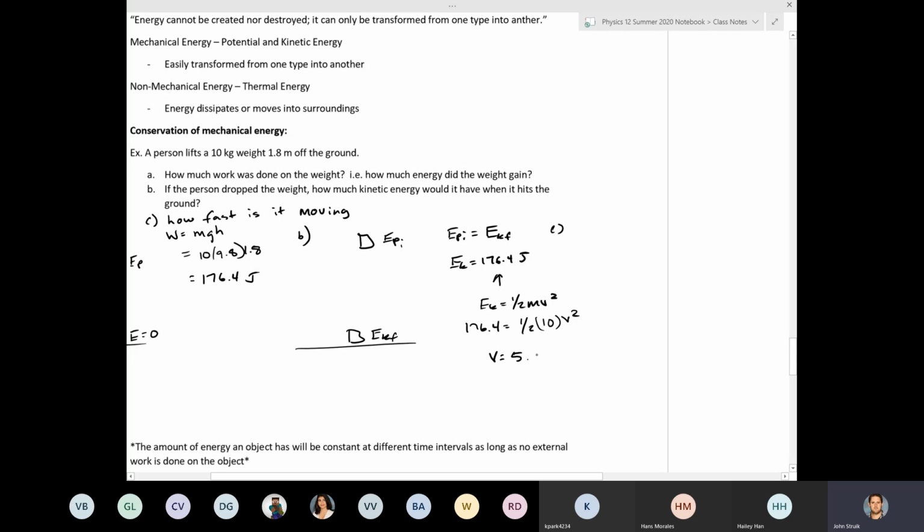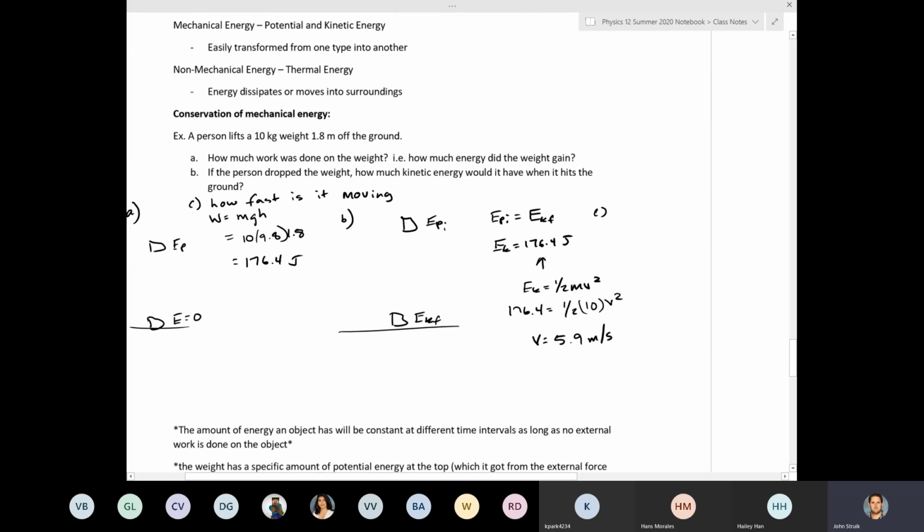So that's 5.9 meters per second. If it was a vector, if I asked for the velocity at the ground, you would have to give me negative or positive. And because it's moving down, you would give me negative.